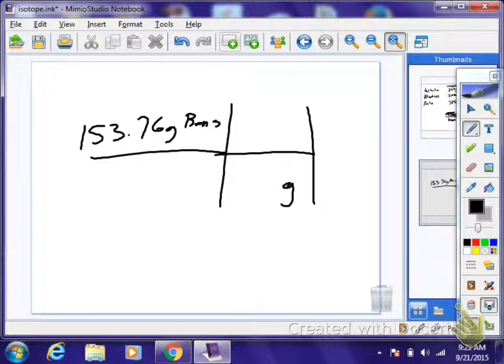Grams go down here and beans go up there. And so what you did the same thing. You put the weight per bean down here, so you put the 0.294 grams per one bean, right? And you multiplied that out, and you got the actual number of beans that you would have in that sample.